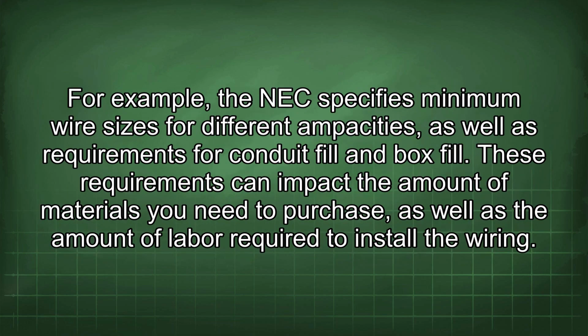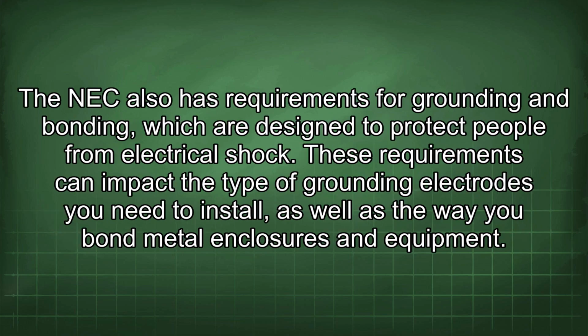For example, the NEC specifies minimum wire sizes for different ampacities, as well as requirements for conduit fill and box fill. These requirements can impact the amount of materials you need to purchase, as well as the amount of labor required to install the wiring. The NEC also has requirements for grounding and bonding, which are designed to protect people from electrical shock.